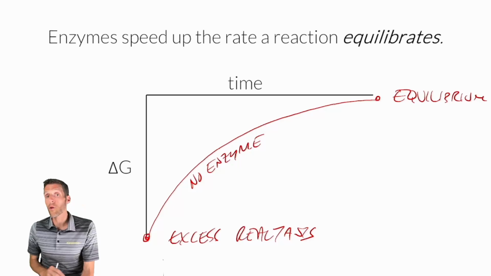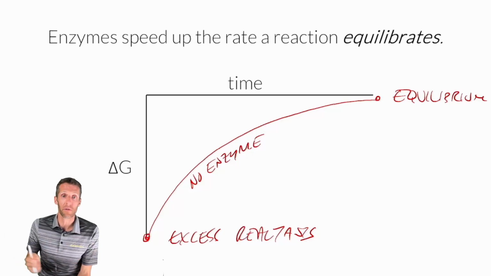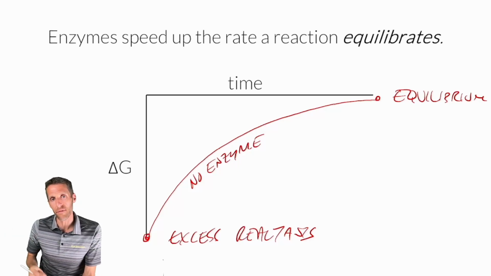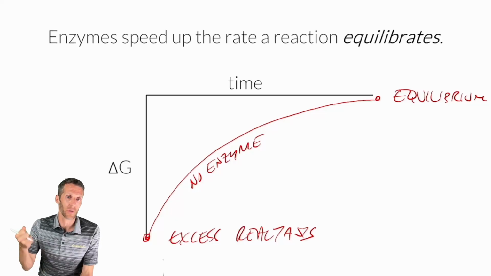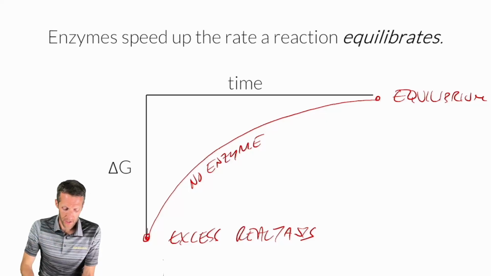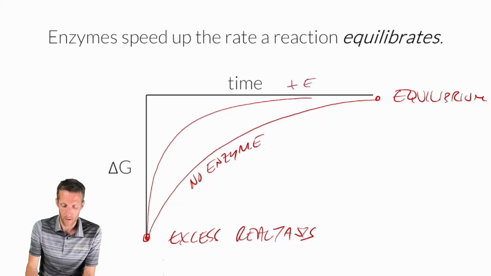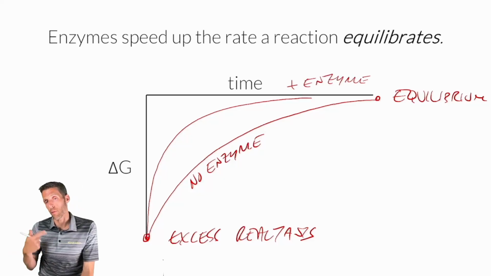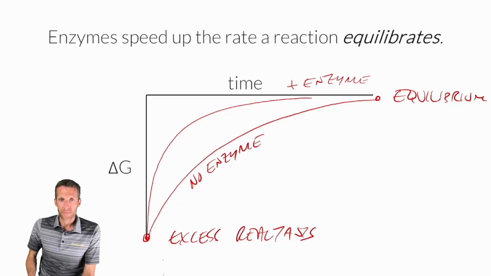We might have to wait 1,000,000 years, who knows how slow this reaction is, but if we wait long enough, the reaction will equilibrate to delta G equals 0. We now add an enzyme to this reaction and we observe this curve. So there's our plus enzyme curve. So it much more rapidly reaches equilibrium than it otherwise would.